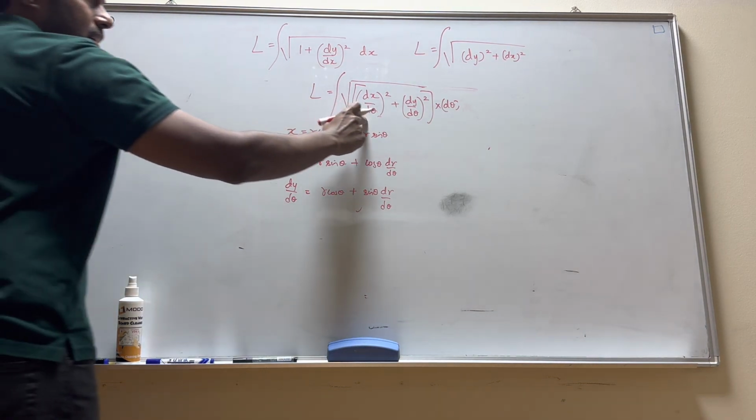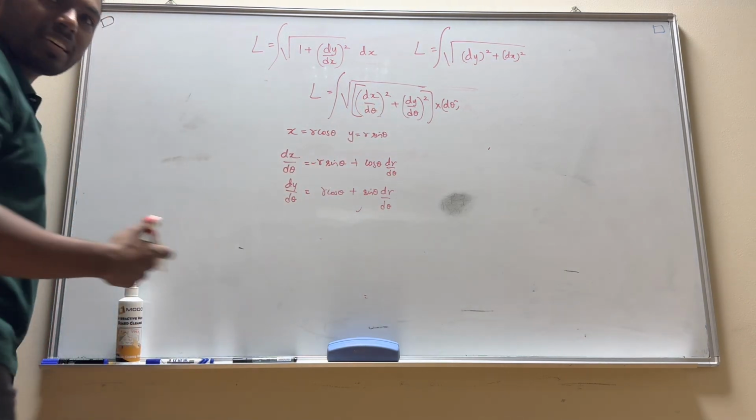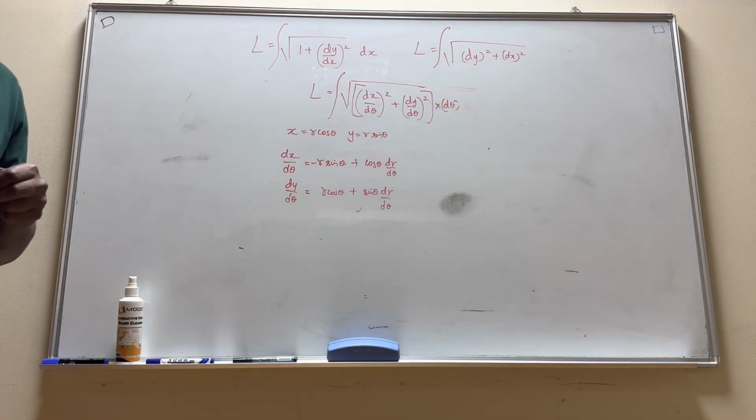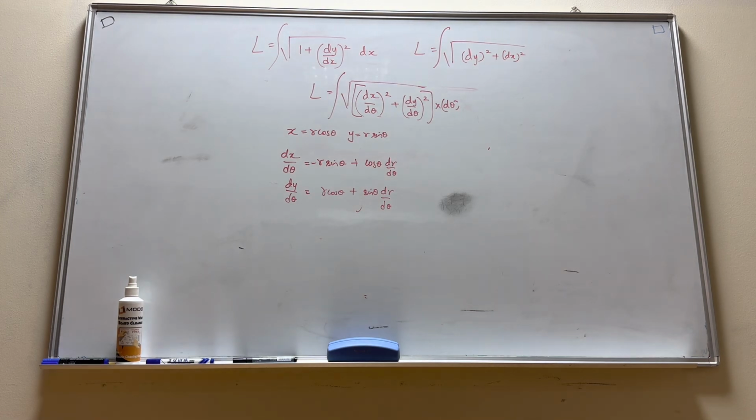So if substitution with the square, can you work out the math? Yep, the brutal math. On it. Do dx by d theta whole square.